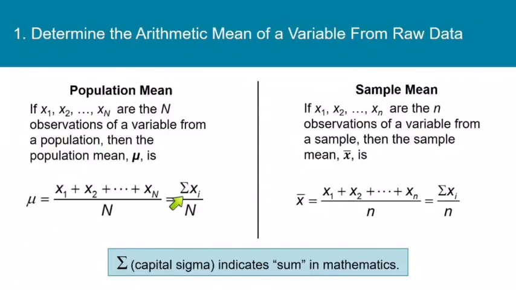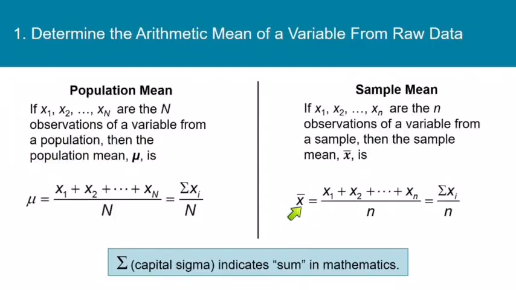So when you read this, you say the sum of all the X values divided by the population size. So the population mean is the sum of all the X values divided by the population size. And now this subscript i here just means that we're going to do the first one and the second one and all of them until we get to the last one.